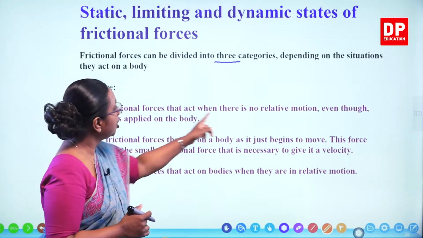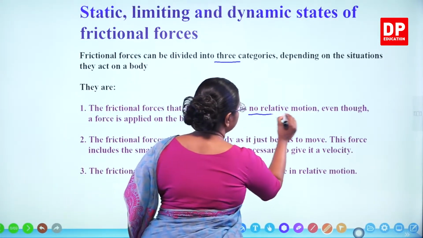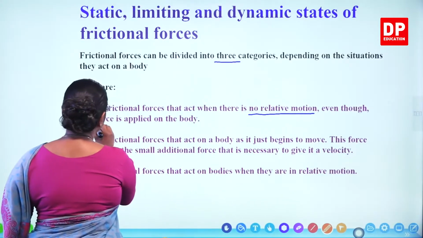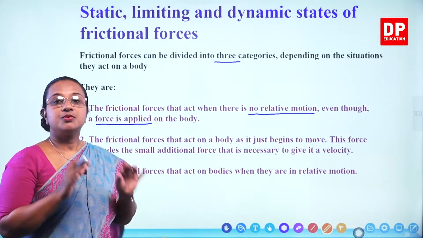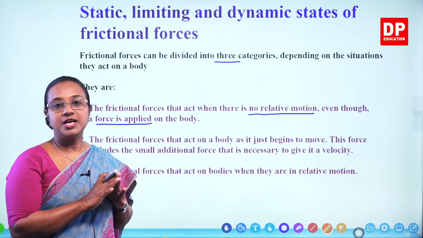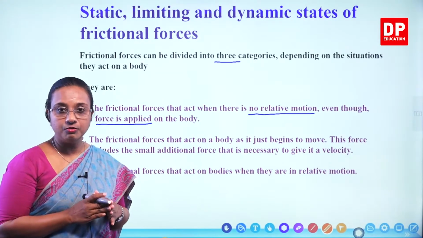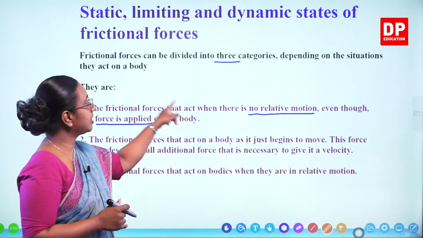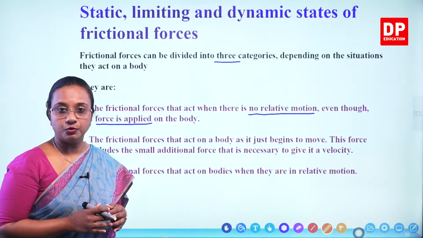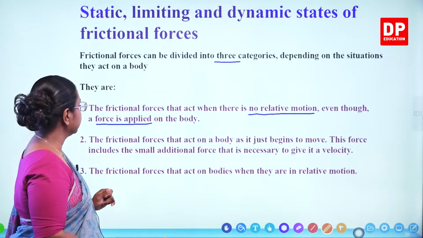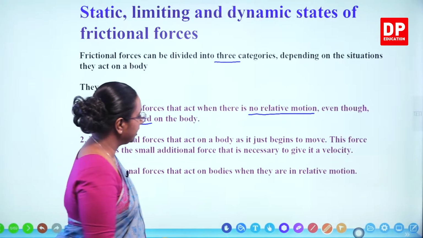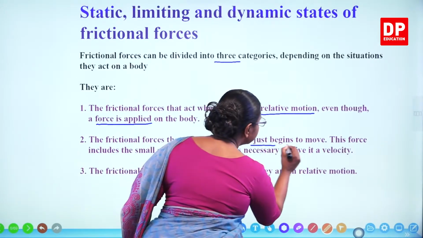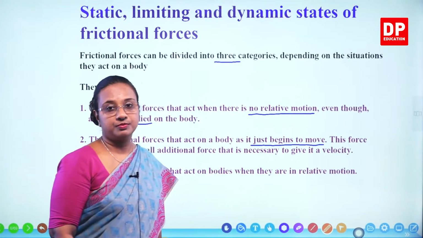So, there is no relative motion even though a force is applied. So, when we push an object but the object doesn't move, it is this type of frictional force. The second type: the frictional forces that act on a body as it just begins to move.